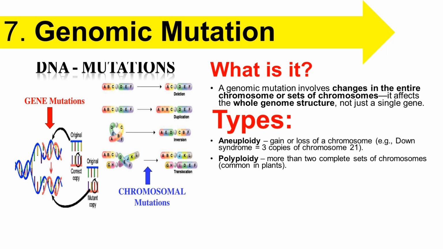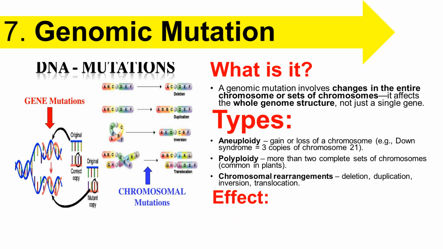Polyploidy, more than 2 complete sets of chromosomes, common in plants. Chromosomal rearrangements: deletion, duplication, inversion, translocation. Effect: can lead to developmental disorders, infertility, or even cancer.